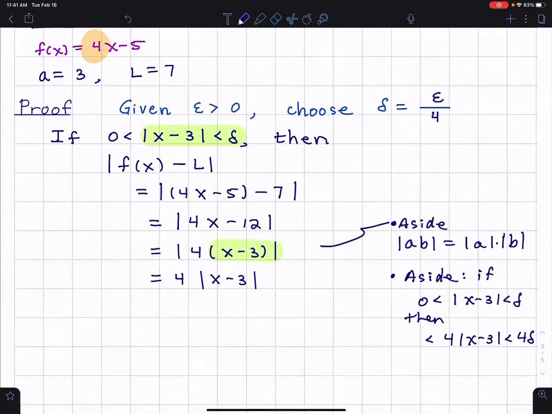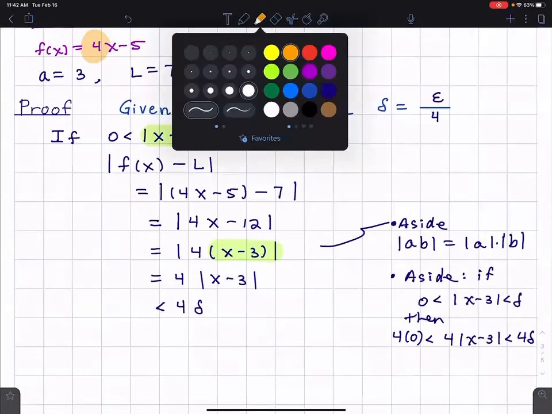By 4, I multiplied by 4. So 4 times the absolute value of x minus 3 is less than 4 delta. I have right there in green, absolute value of x minus 3 is less than delta. I didn't need to do that aside. I can just see, multiply both sides by 4, and I get 4 absolute value of x minus 3 is less than 4 delta.